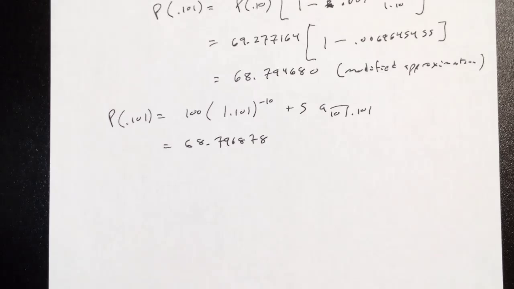What happens when instead of looking at a single bond or even a coupon bond, whether it's zero coupon or not, what if I look at a whole portfolio? A whole portfolio will have a series of different cash flows.